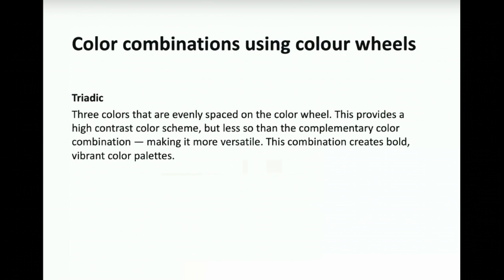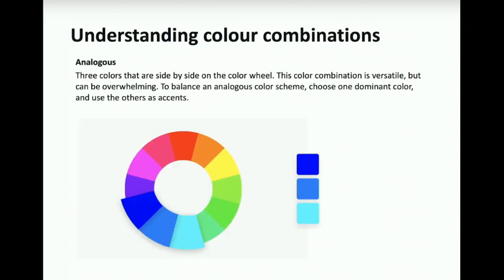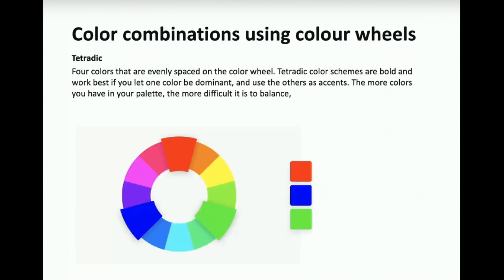The other one is the triadic color combination. This one means you are selecting 3 different colors, but in a triangular form. Remember, in the analogous color combination, you're selecting colors that are close to each other. But in this, you are selecting colors in the shape of a triangle.